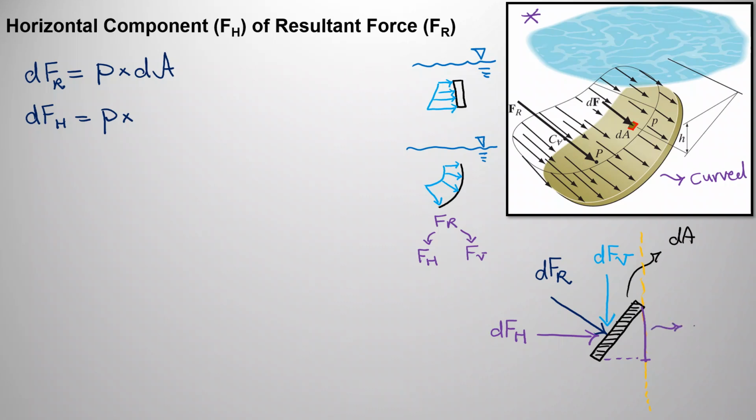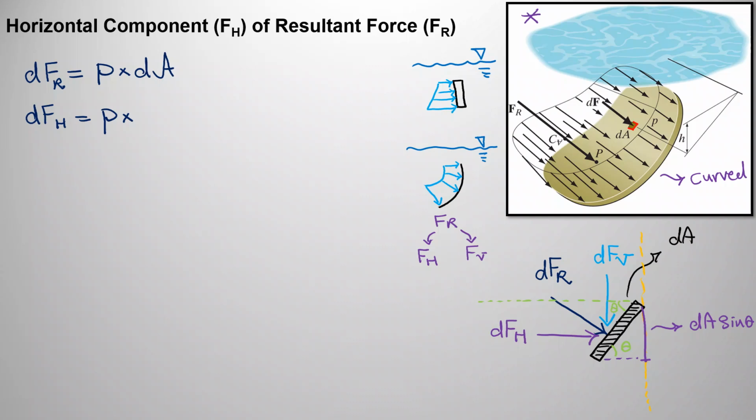It would be dA sine of theta. How do I know that? Because remember that this angle is theta. So this angle would be theta as well.